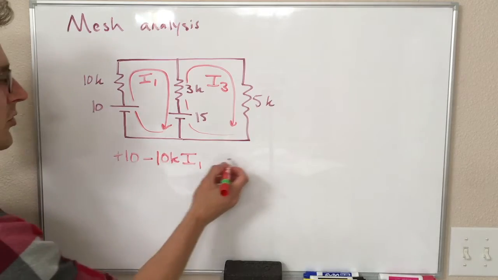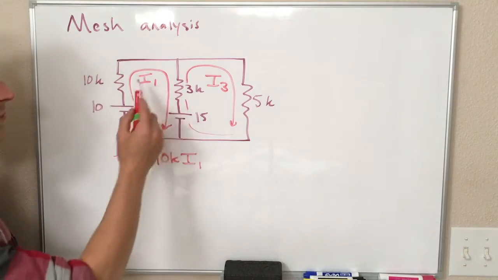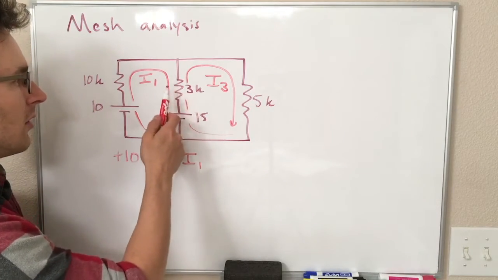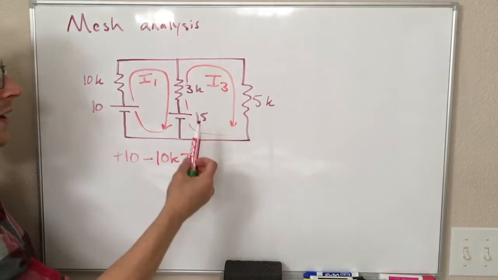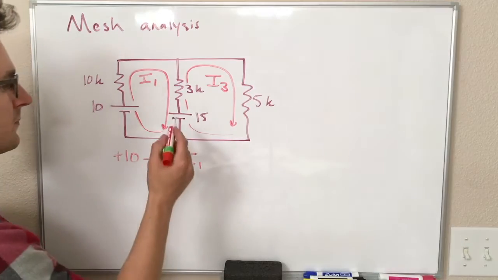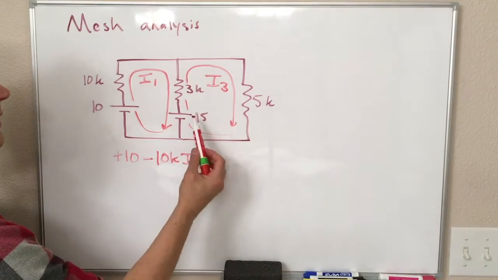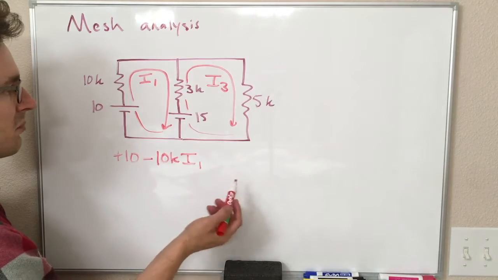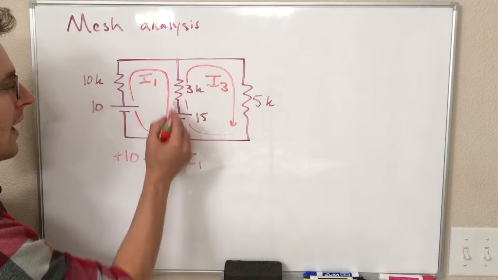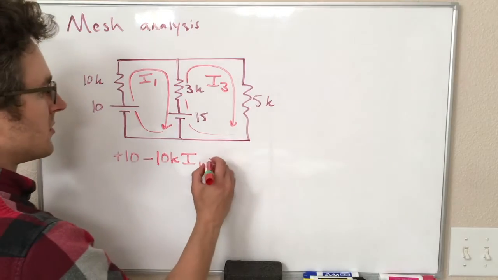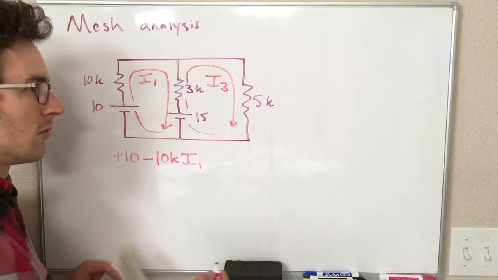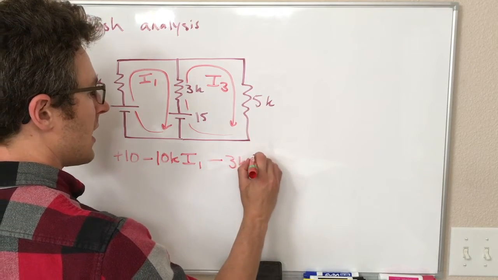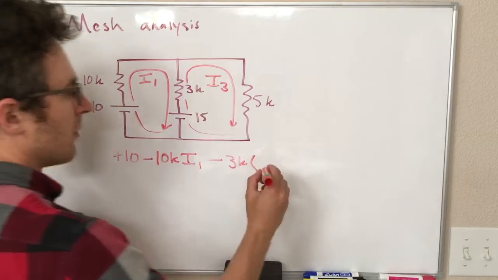So our voltage drop here depends on the net current, including both I1 going down and I3 going up. I3 is in the opposite direction we're going, so I3 should make this delta V positive, and I1 should make this delta V negative. So you can hopefully convince yourself that this is going to be minus 3K times (I1 minus I3).